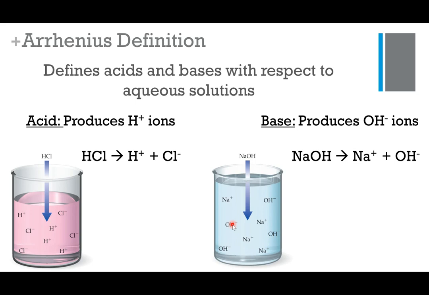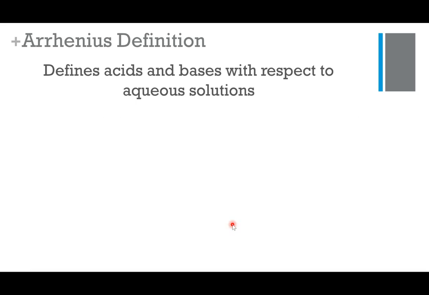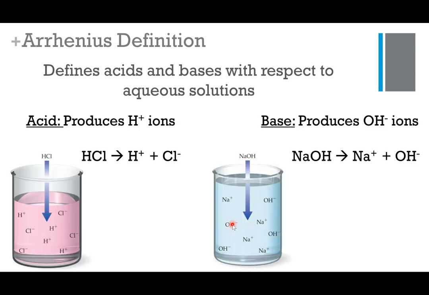One of the things I want to point out, because you might see it in your homework or in other places that you study, is building on this idea of an acid. Since this happens in the presence of water, these hydrogen ions are very unstable. Hydrogen ions don't want to stay as H plus very long.